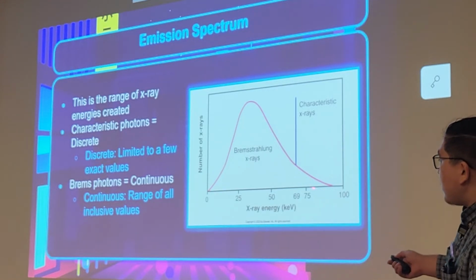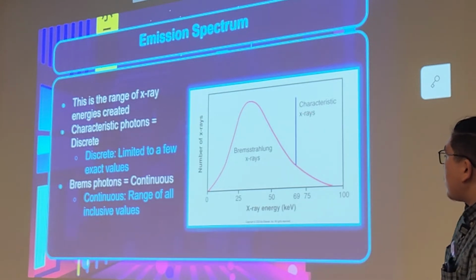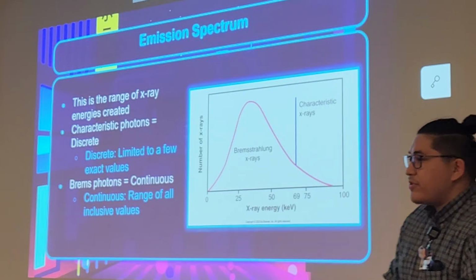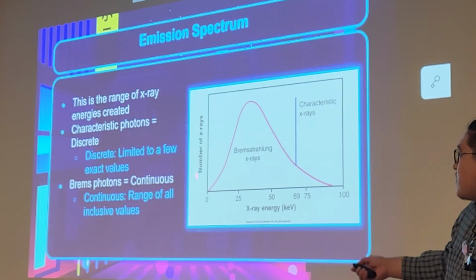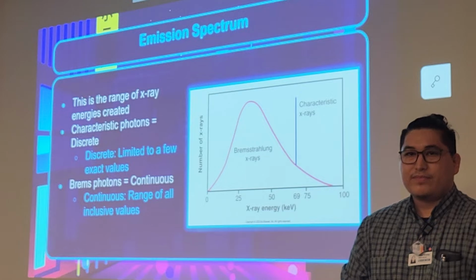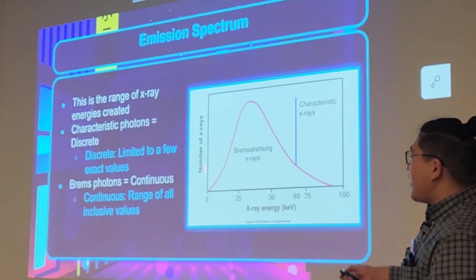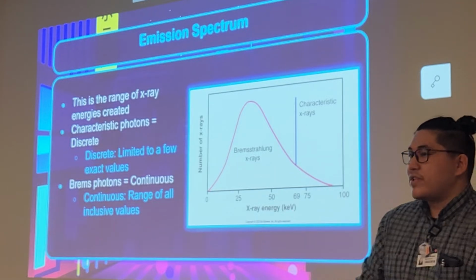Bremsstrahlung, this pink line, is our continuous values. Now, the x-axis here is the X-ray energy that is produced. Our y-axis is the number of X-rays that are produced. So, how many X-rays we have versus how strong the energy is.